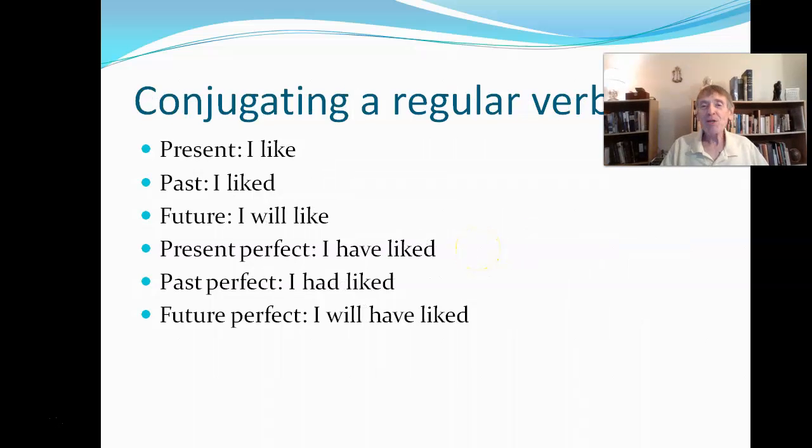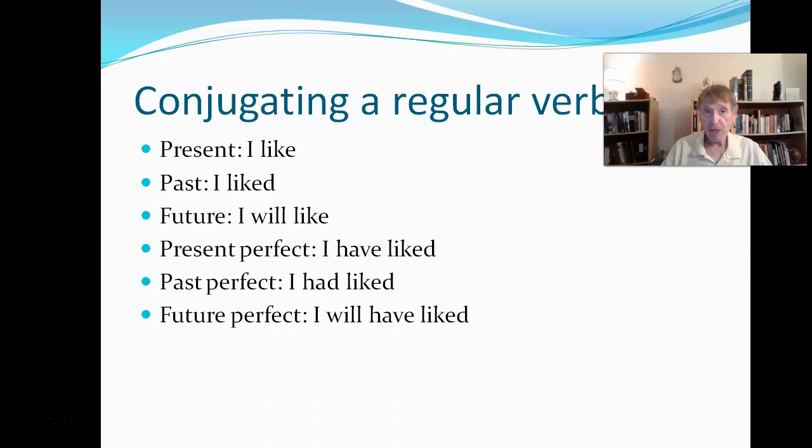When we talk about looking at a verb and how it changes through the different tenses and how it changes also according to the person and number of the subject, we call that conjugating a verb. So if we conjugate a regular verb, for example, it's very easy. Present, I like. Past, I liked. We add the D to the present principal part. Future, we use the helping verb will with the present principal part.